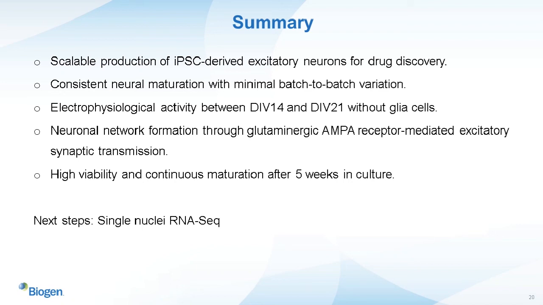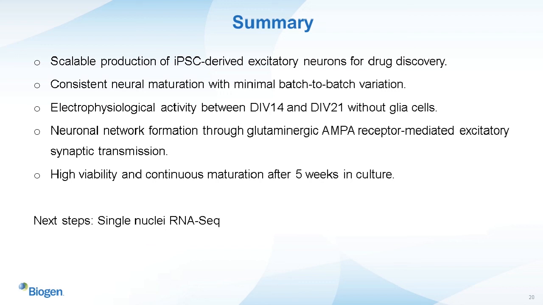Typically, these cells start becoming electrophysiologically active between day 14 and day 21 in culture, even in absence of glial cells. The neuronal network formation is mainly driven by AMPA receptor mediated excitatory glutamatergic transmission. We maintain high viability and continuous maturation even after 5 weeks in culture, where the maturation is not complete yet.